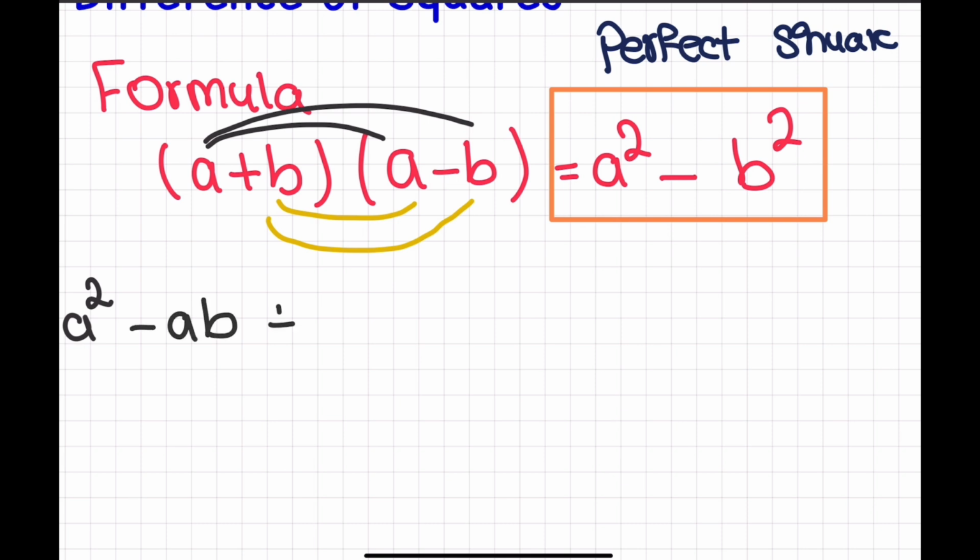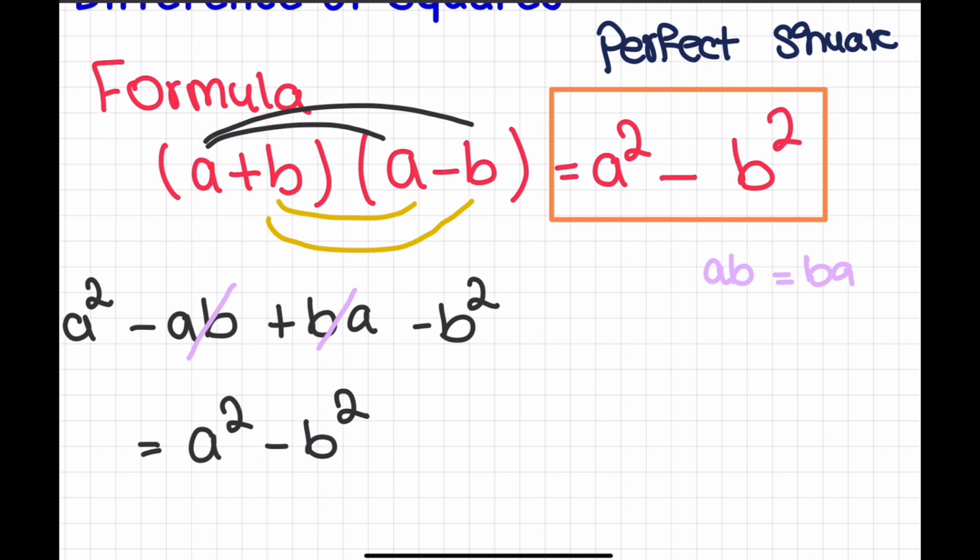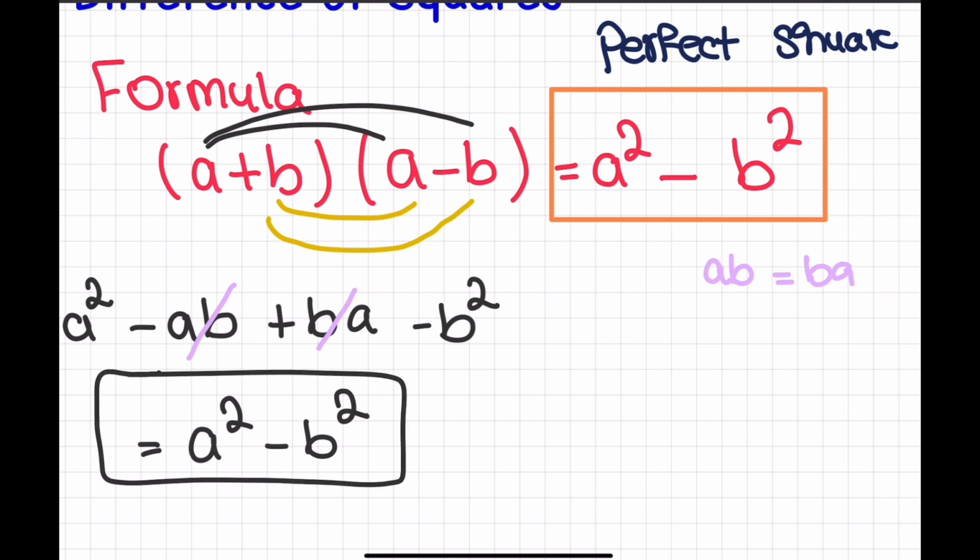B times a is ba, and b times negative b is minus b squared. Minus ab and plus ba are the same thing, just with the variables in a different order. These two cancel each other. So the product is a squared minus b squared. This is how we got the result of this product.